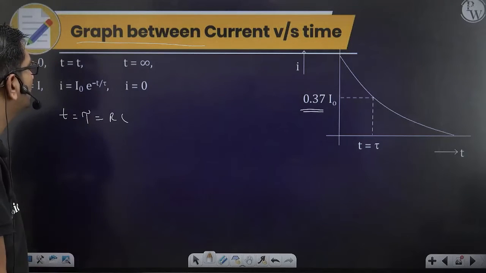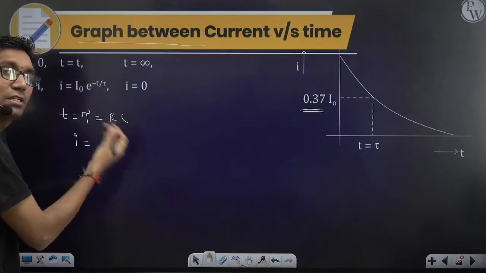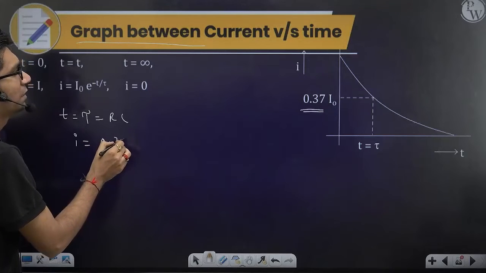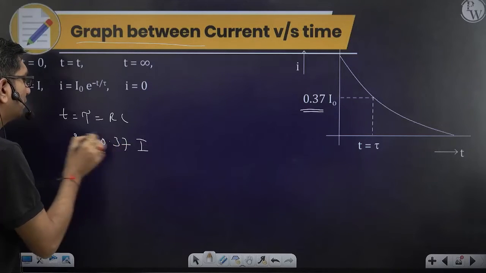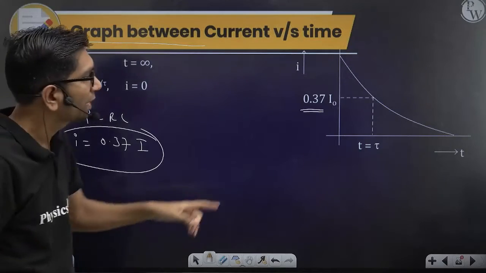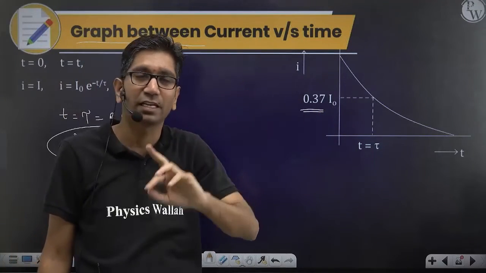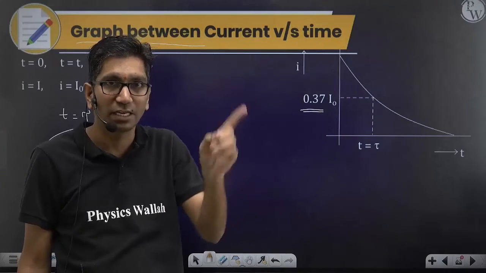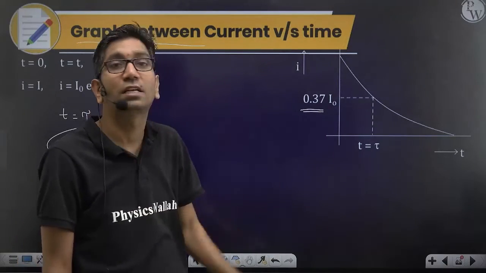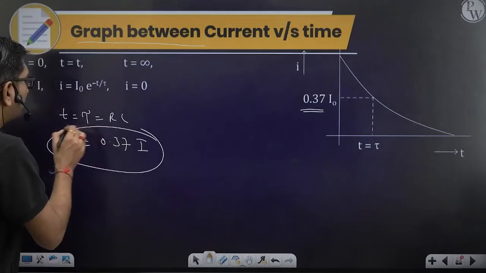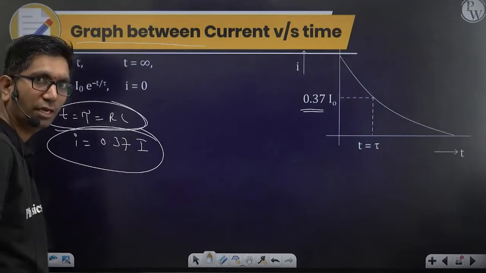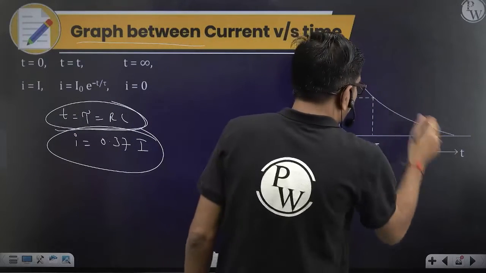How much percentage does it decrease? 0.37 times it decreases, beta. Just remember this one: while increasing, it is 63%; while decreasing, it is 37%. I mean, only at this time it is possible. Like this you will get.